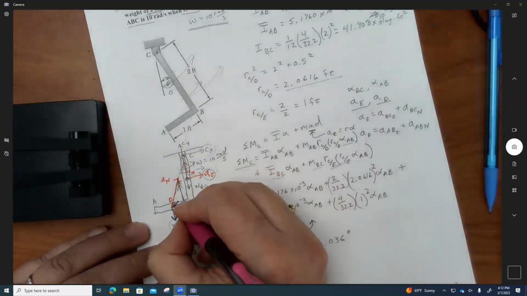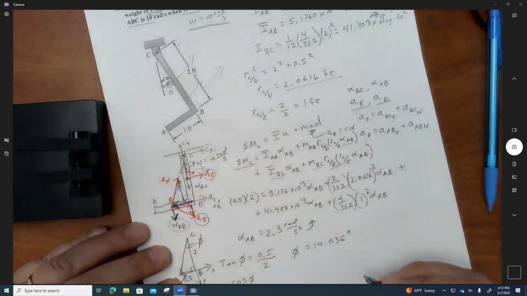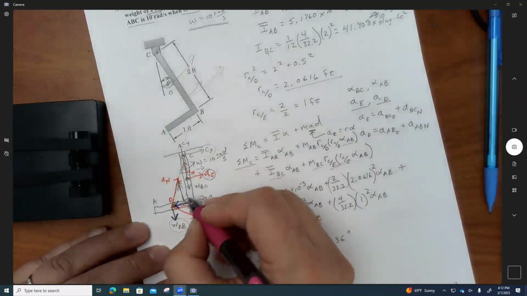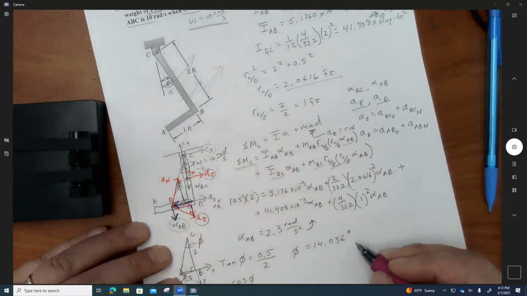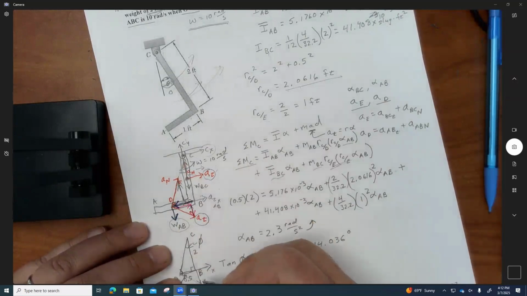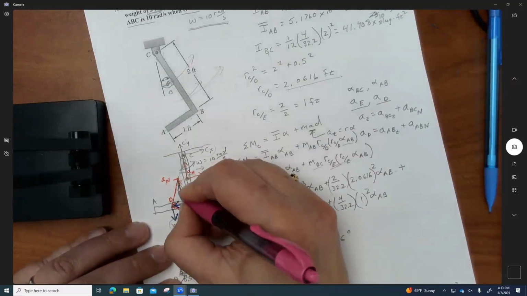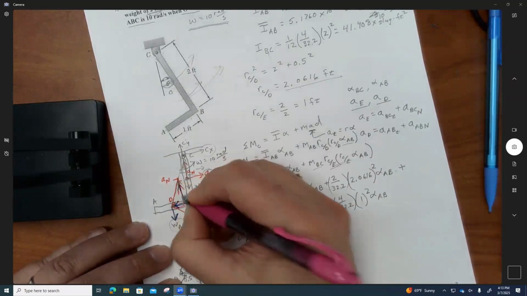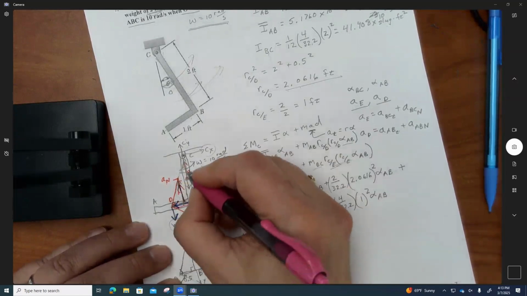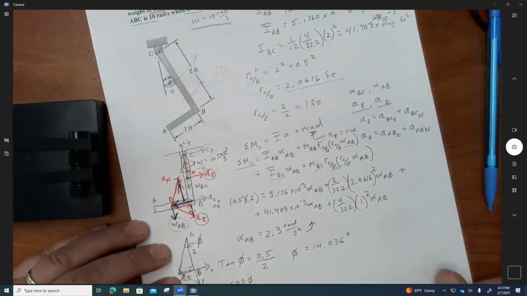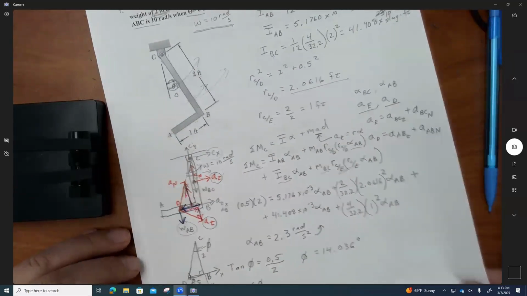It was going down and to the right. All of the components were plus for our x components. But we have one that's negative and two that are positive for our y components.